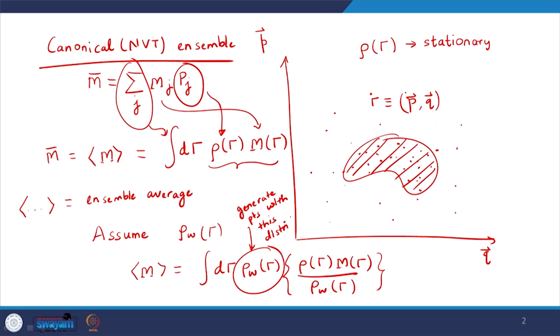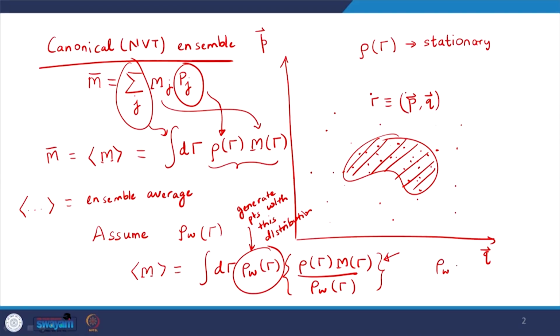It is not going to be a uniform distribution. We generate points using this distribution, compute the quantity under the curly brackets, and by taking an average of that quantity, given that the points have been generated using rho_w(gamma), we can get the average value for the property of interest.